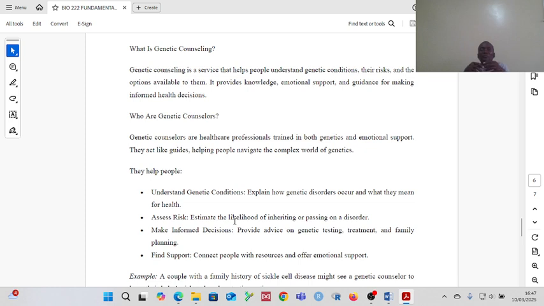And the people who offer this service are the genetic counselors. Genetic counselors are healthcare professionals who have training both in genetics and counseling. Counseling is offering emotional support.